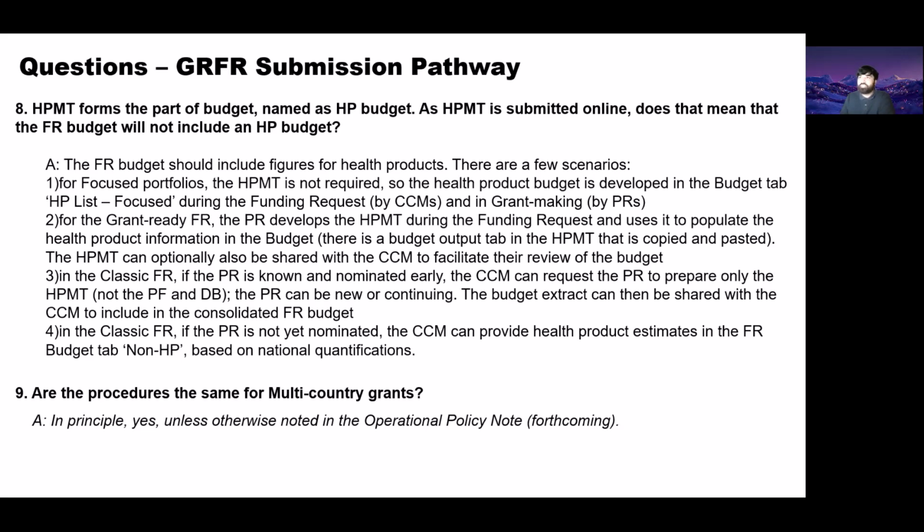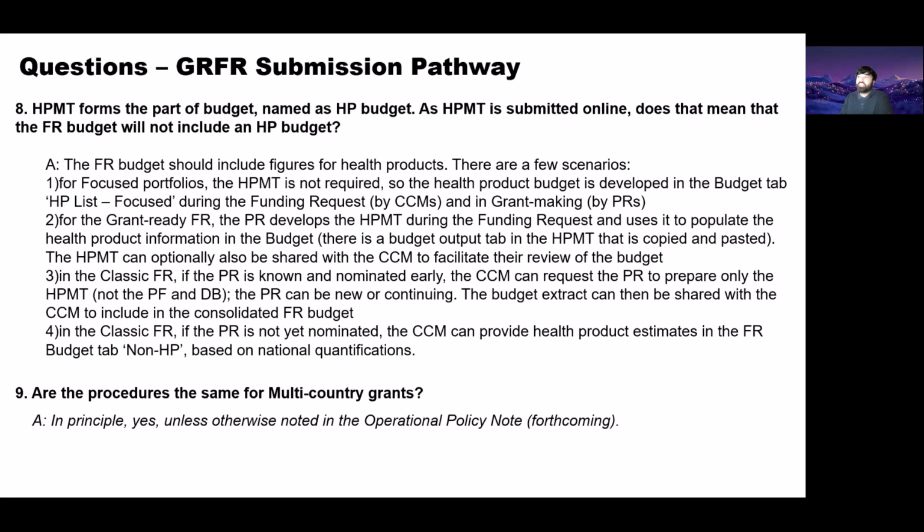Within this, there's a few different scenarios. The first one is for focused portfolios, for which there is no HPMT required. And so in those cases, the health product budget that is developed in the budget tab will be part of the HP list focused tab in the funding request, developed by CCMs, and then for grant making by PRs.